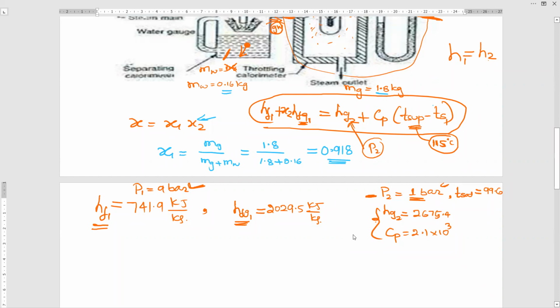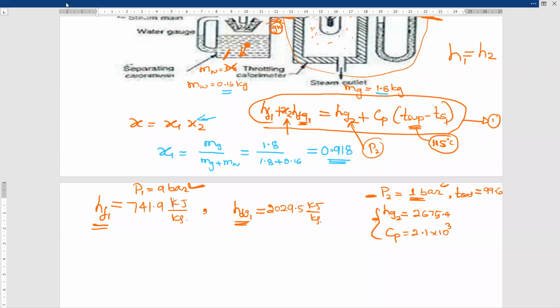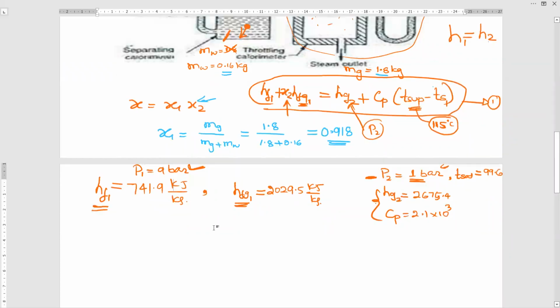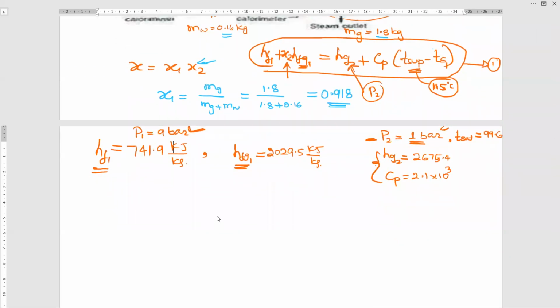Now you substitute all the values in the above equation number 1, and tell me, the only unknown is x2. In equation number 1, make it fast. So from equation number 1, hope all of you see the screen now.